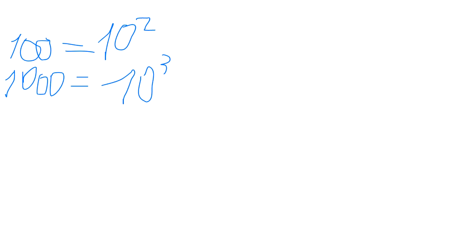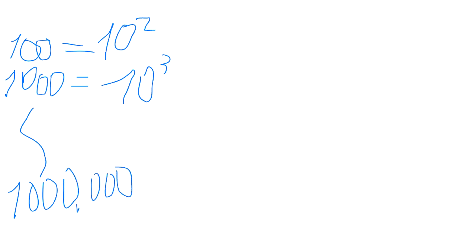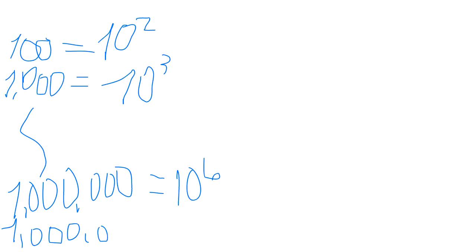Even if it is 1 million, commas, right? Actually, I should have put comma there too. 10 to the sixth. And then what is 1 billion? 1 billion is 10 to the ninth, because 1 billion is 1,000 million, right?